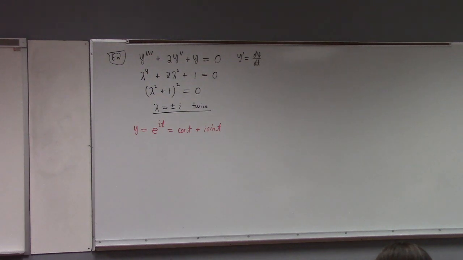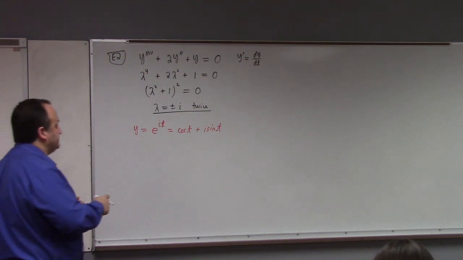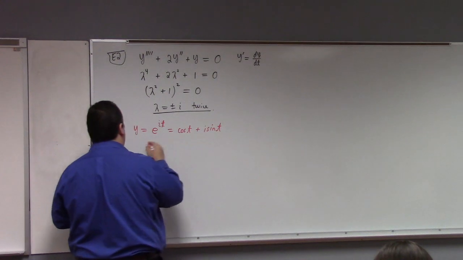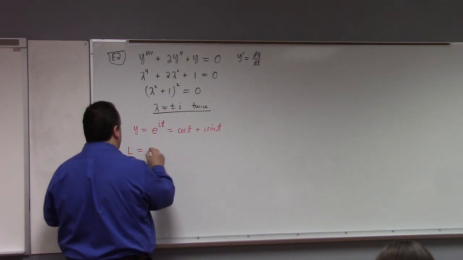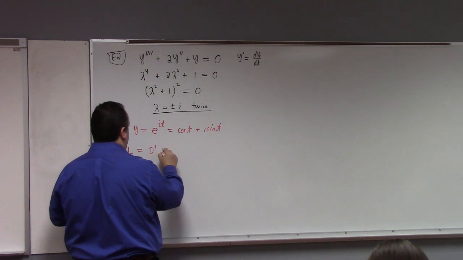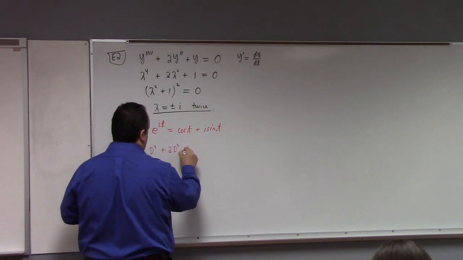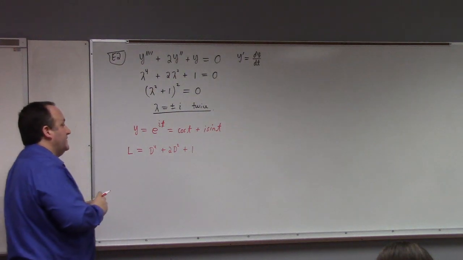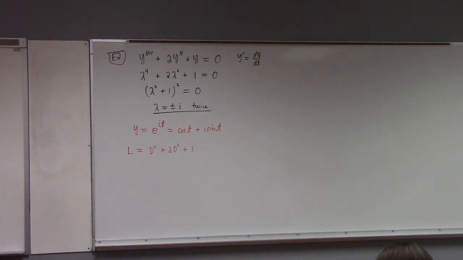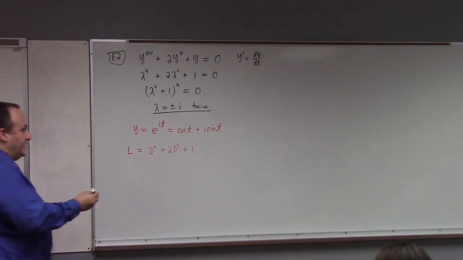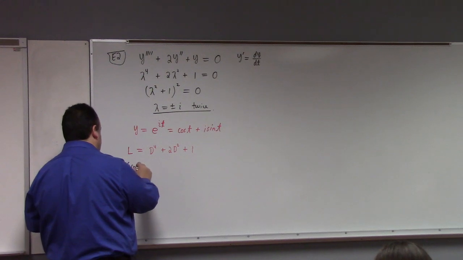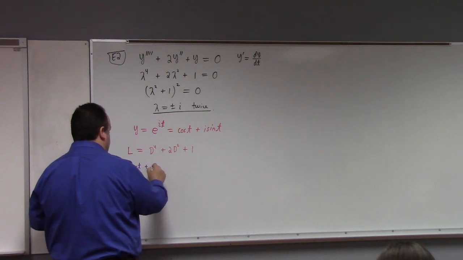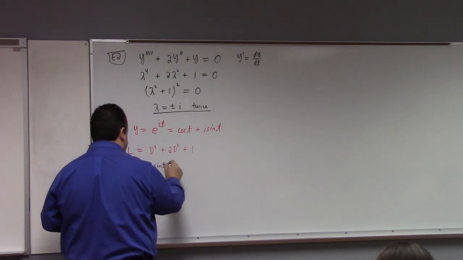Great, so if we say L is equal to d to the fourth plus 2d squared plus 1, that's the defining operator for this differential equation, right? And each one of these is a linear operator. And if I look at L acting on cosine t plus i sine t, what do I get?